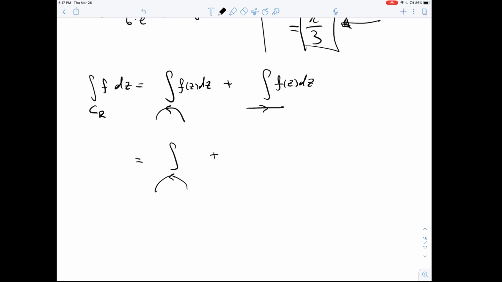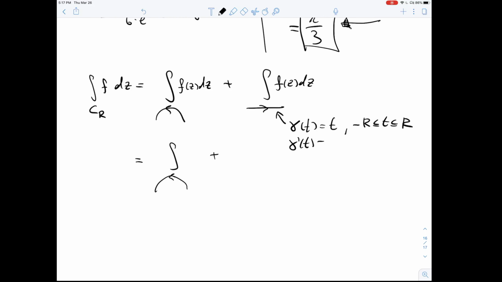And the second one I'll parameterize. So this has a parameterization gamma of t is equal to t, because this horizontal line stays on the real axis, and t is from minus R to R.